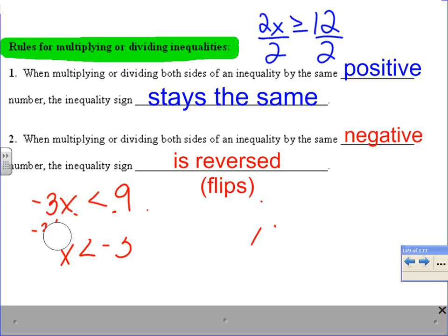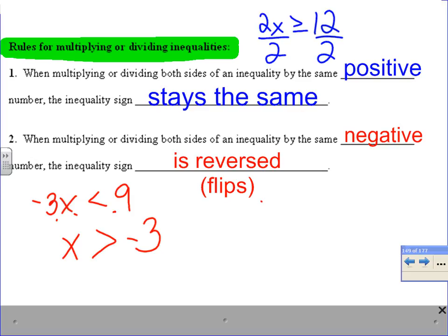So basically, I just showed you, if we don't flip it, not true. Let's see what happens if we flip it. So divide both sides by -3. So flip the sign. That changes to greater than. So that's telling us the solution can be any number greater than -3. Annalise, give me a number that's greater than -3.